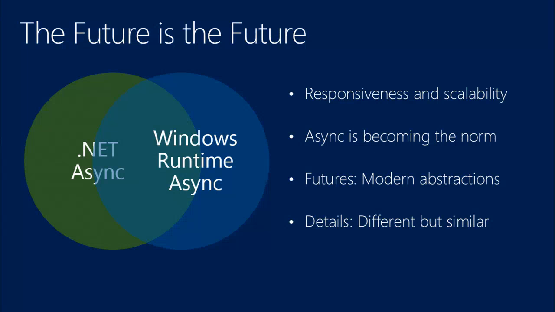One of the impetuses is Windows 8. We want to make sure that Windows 8 client apps and any other client apps you're writing can stay responsive. The other big reason is that as people push out to the cloud, writing Azure apps that want high scalability, you want to get as many users on any given node as possible. The way you do that is to avoid blocking or consuming any resource more than you need to.